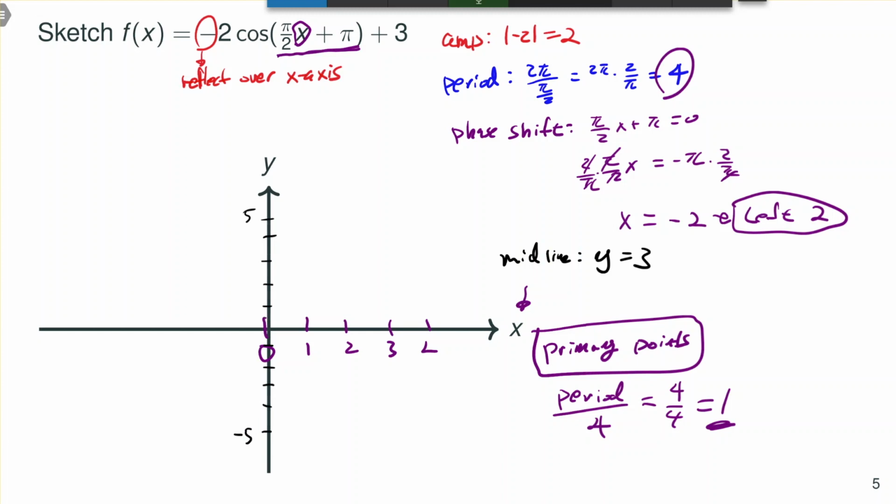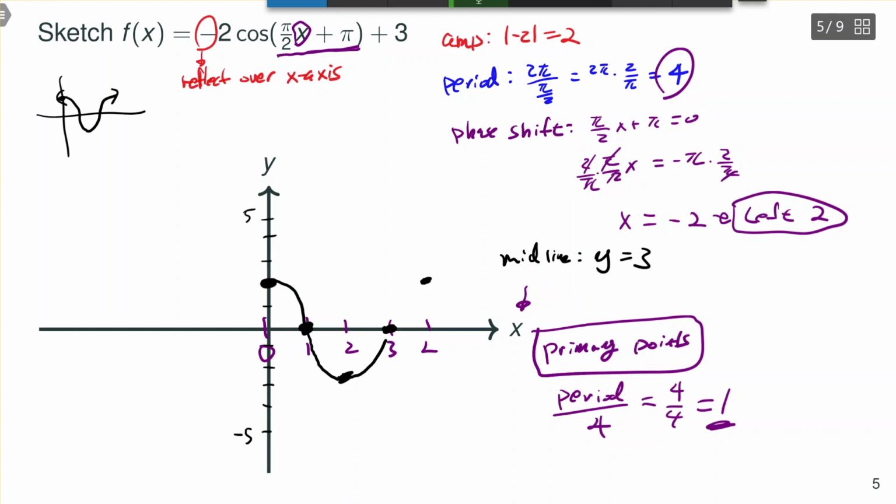So now we have to remember cosine starts here. Cosine 0 is 1, and cosine has a shape of something like this in one period. So in this case, instead of starting at 1, it starts at 2 because the amplitude is 2. So cosine goes through this point, like this. And we connect this dot with a cosine shape, which is something like this.